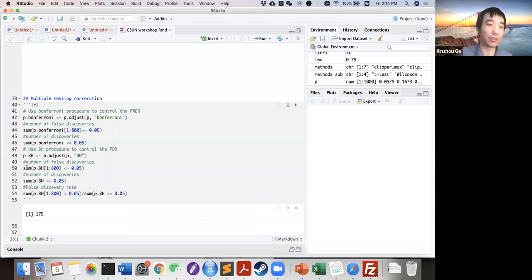And then we can also use different multiple testing correction methods, including the BH method that I introduced before, so that by using simulation, we can know the truth and the performance of different methods, or you can use simulation to validate some theoretical results.